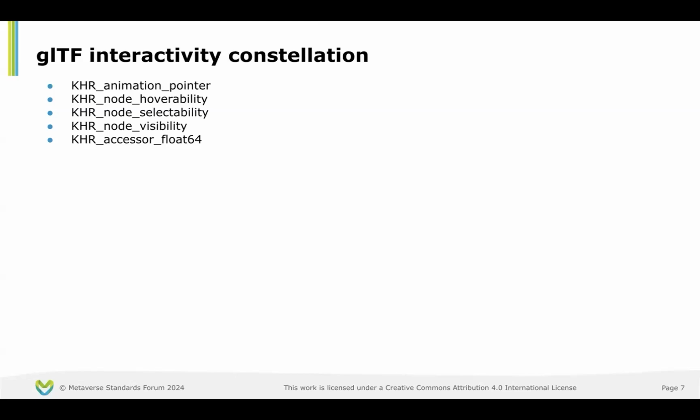Along the way, we figured out that you probably want to control the actual scene, so we introduced node visibility, selectability, variability, and accessor float64, which is the way you address doubles in the glTF internals.